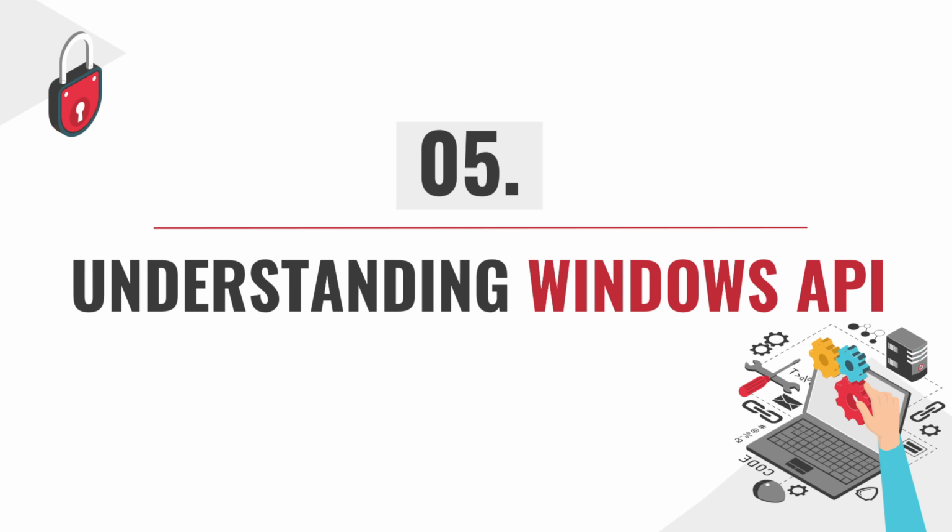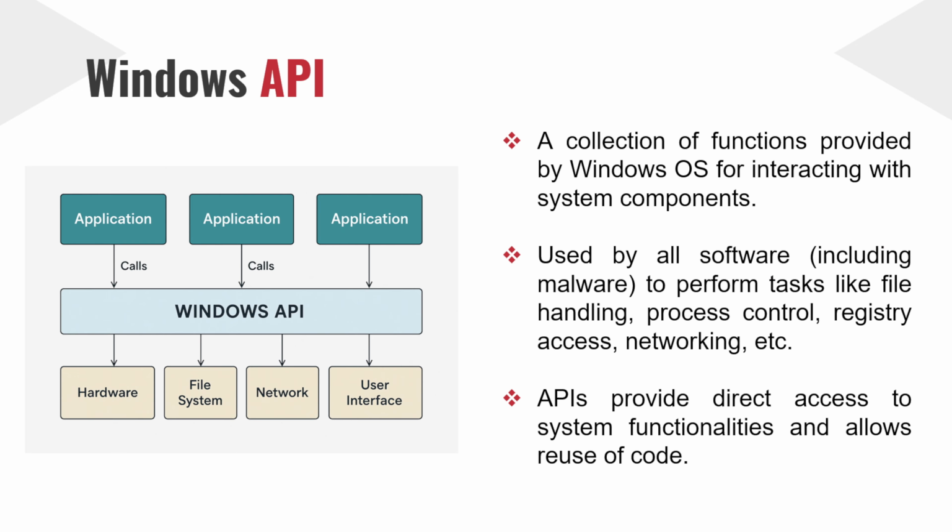So how does this same system of functions become both the builder and the breaker? Let's find out. The Windows Application Programming Interface is a collection of pre-built functions provided by the Windows operating system.